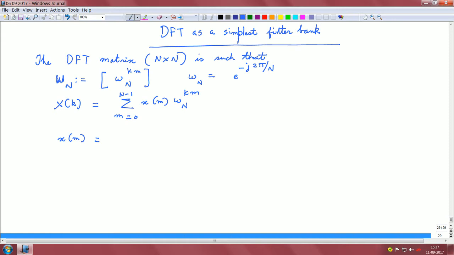Given the frequency domain samples, we can get back to the time domain, and that is given by this equation: x of m equals 1 upon n, summation k equals 0 to n minus 1, X of k omega_n power minus k times m. So, this is basically our DFT, and this is our inverse discrete Fourier transform.